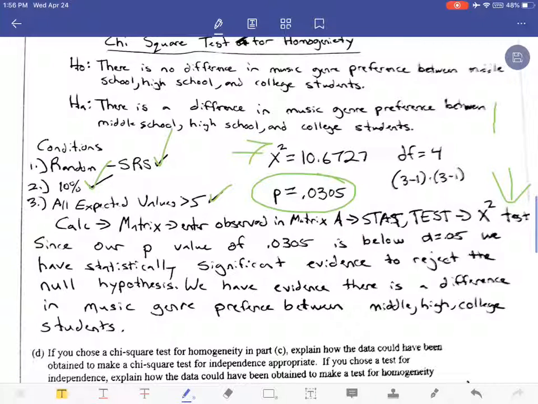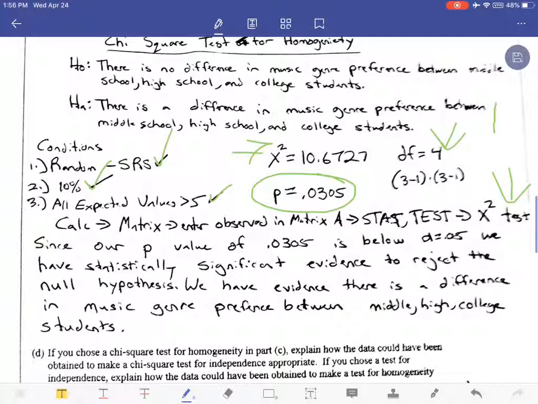Now, the three things that you're going to be looking for on the AP test are the chi-squared value, your p-value, and then your degrees of freedom. So make sure you write those down and label them in your work. All right, so now that we have our p-value, we analyze it just like any other significance test. It didn't give us a significance level, so we're going to assume that's 0.05.